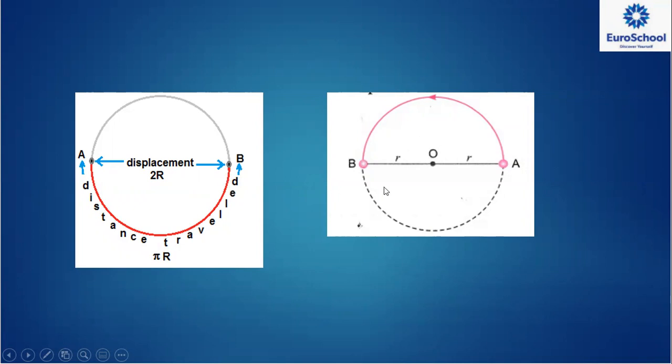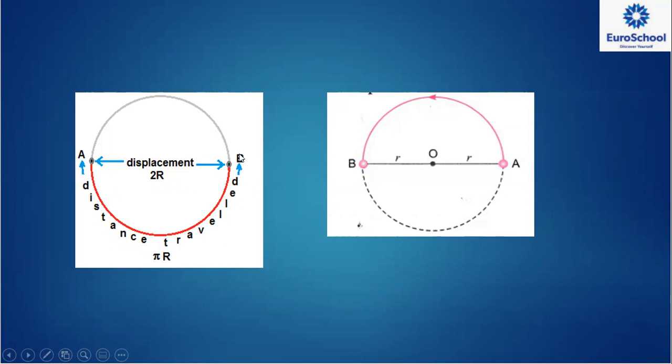Displacement indicates the diameter of the circle, radius plus radius, r plus r, so diameter is always 2r. So the displacement of a semicircle is 2r.